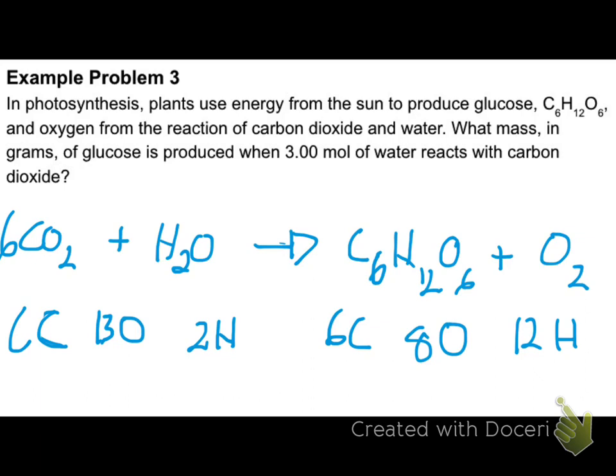Okay. Now, let's see. The next thing I would suggest is, because we have an even number of oxygens on the right-hand side of the equation, and they have even subscripts on them, it's going to be impossible for us to end up with an odd number of oxygens on the right-hand side, which means the number on the left-hand side needs to also be even.